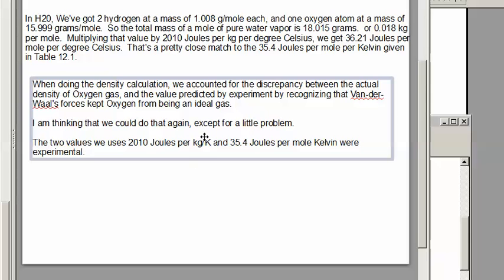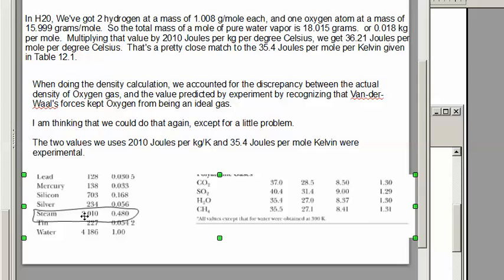When doing the density calculation, we accounted for the discrepancy between the actual density of oxygen gas and the value predicted by experiment by recognizing that van der Waals forces kept oxygen from being an ideal gas. I'm thinking we could do that again, except for a little problem. The two values we used, 2010 joules per kilogram per Kelvin and 35.4 joules per mole per Kelvin, were both experimental.